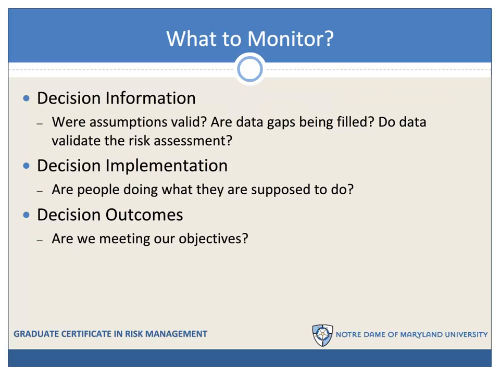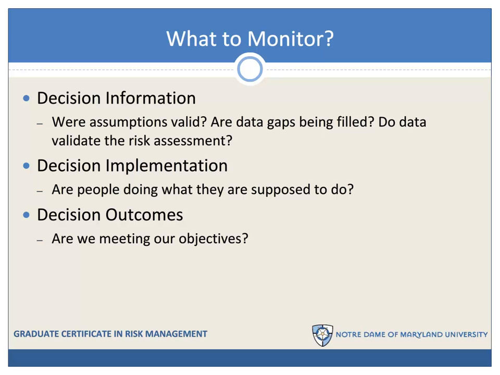To monitor means to watch, keep track of, or check for a special purpose. So with this as our context, we can ask, just what is it we should be monitoring? Because there's uncertainty in risk decision making, it may make sense to monitor information we use to make our decision. Did the assumptions made in the risk assessment or in our decision process prove to be valid?